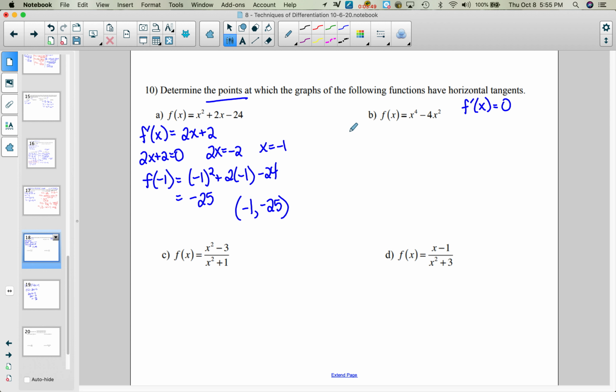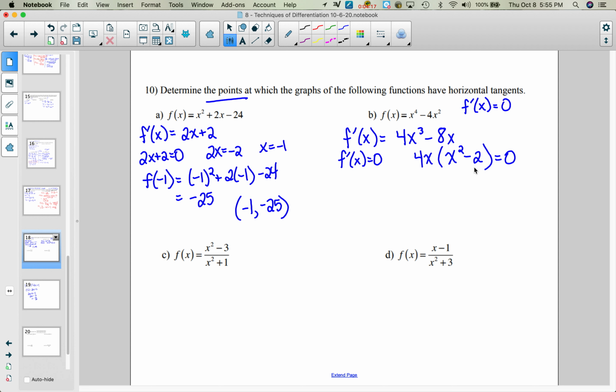For part B, setting it up the same way, f prime of x equals 4x cubed minus 8x. And we're going to set this equal to 0. So I'm going to factor out a 4x, and here I'll have an x squared minus 2. Then we set that equal to 0.